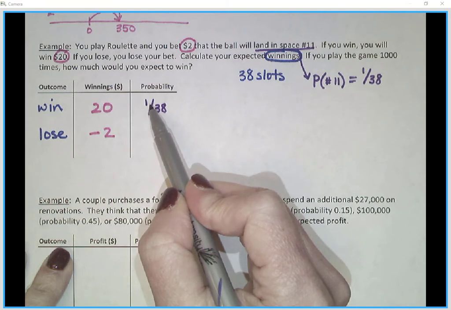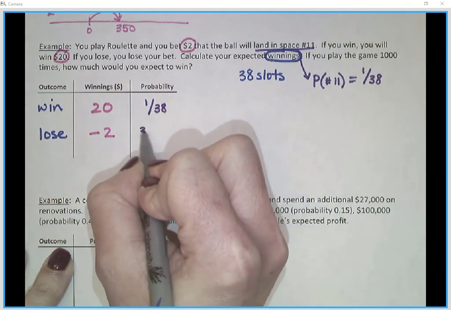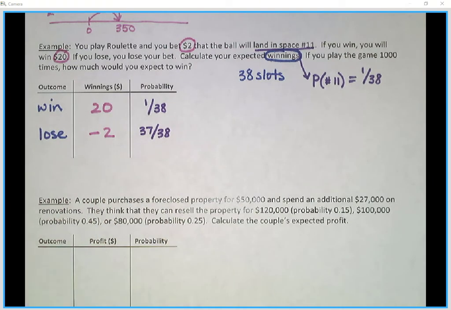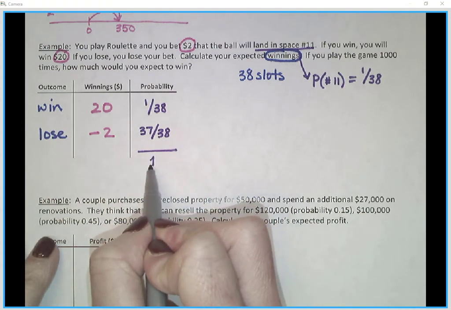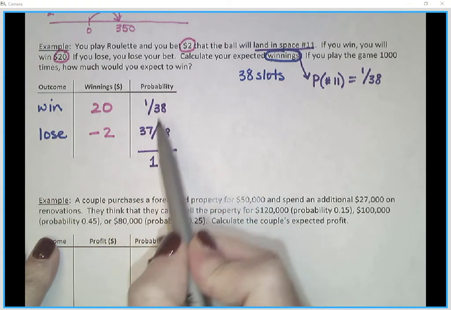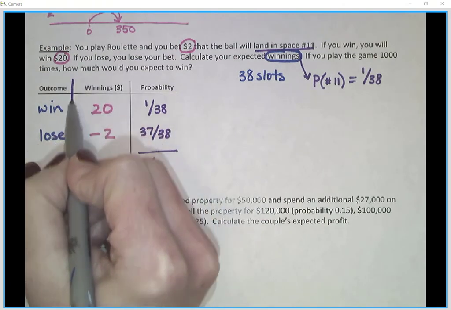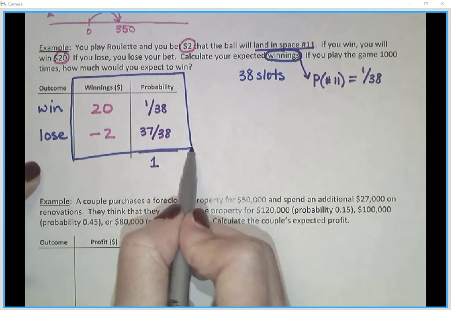So if 1 out of 38 will make you win, then that means 37 out of the 38 would make you lose, okay? Because these have to add up to a total of 1. So 1 out of 38 and 37 out of 38. Don't do any subtraction. If you do subtraction, you're going to miss it and it's going to drive you crazy.